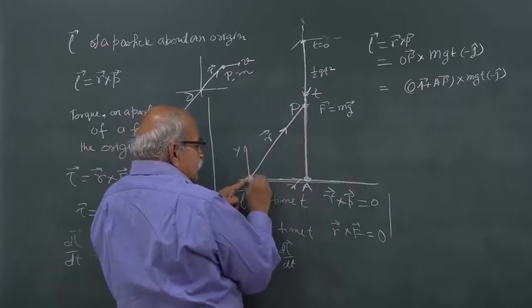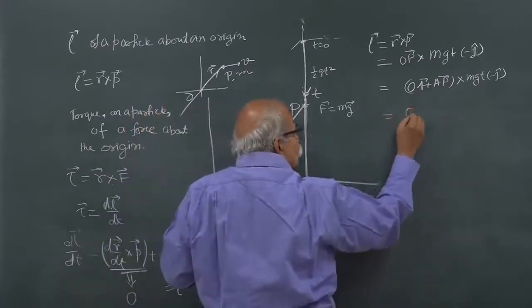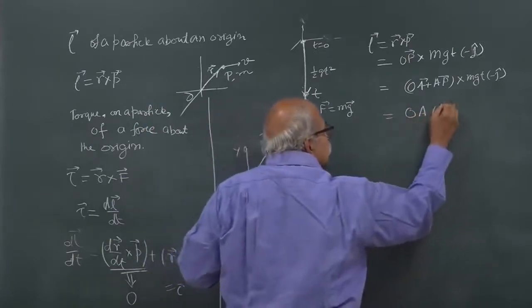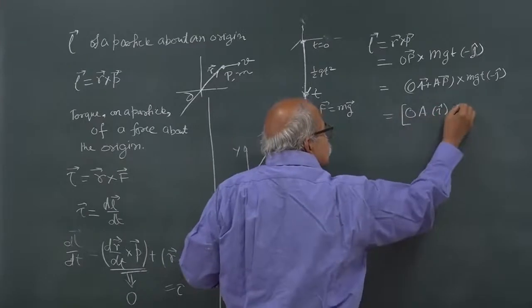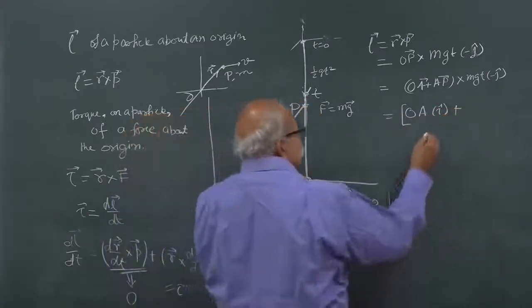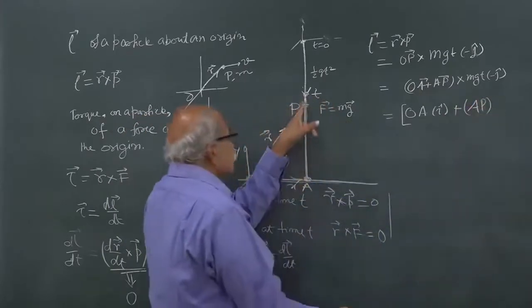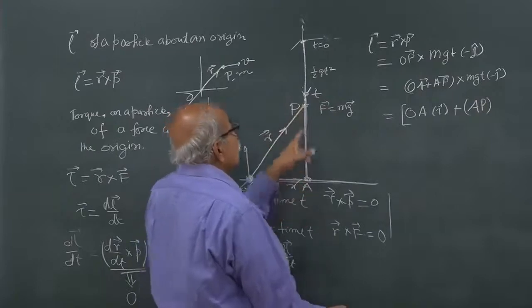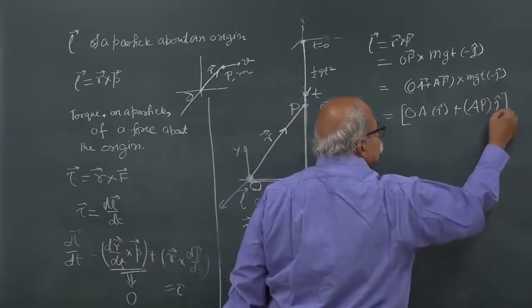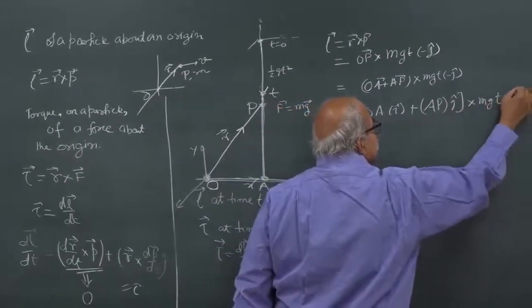OA is some distance, so this is OA times i cap, plus AP times the j vector, and cross mgt minus j cap.